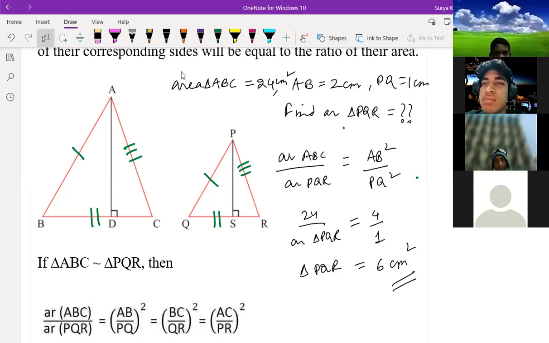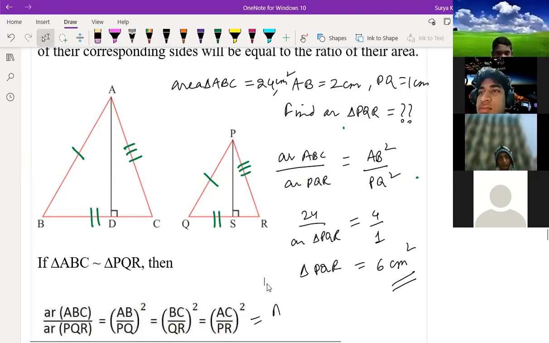One more, children, here sometimes they ask like altitude part is there. You can see altitude or median. This also is equal only. You can write here AD by PS also whole square. You can write the altitude of the triangle, or median of the triangle, or also a square of it. Is it clear, Praharshan? You might not have read this one, maybe.